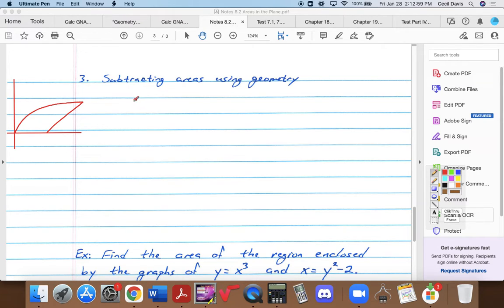If I do the integral from 0 until 4 of the square root of x, that gets me everything underneath this curve all the way to here, right? And all I got to do is subtract out the area of this triangle, which is a triangle with base 2 and height 2.